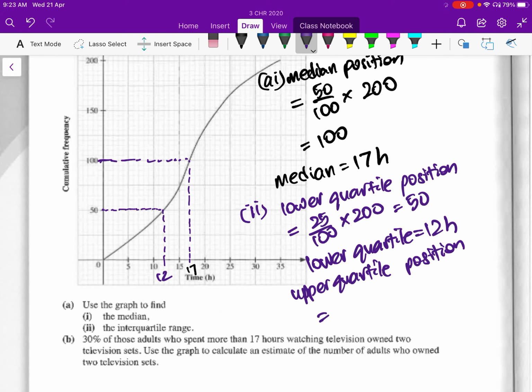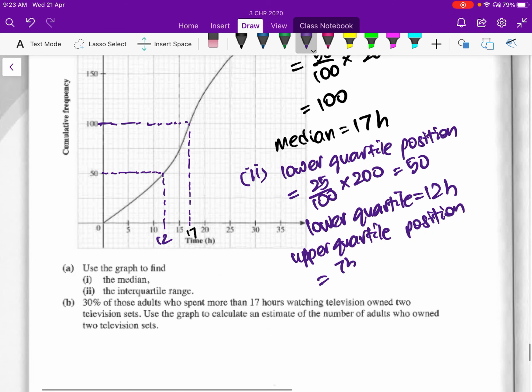Okay, what is the upper quartile position? How is it found? How do we find the upper quartile position? You don't have to look at the book. Okay, 75 over 100. Now you need to look at the book times what? 200.